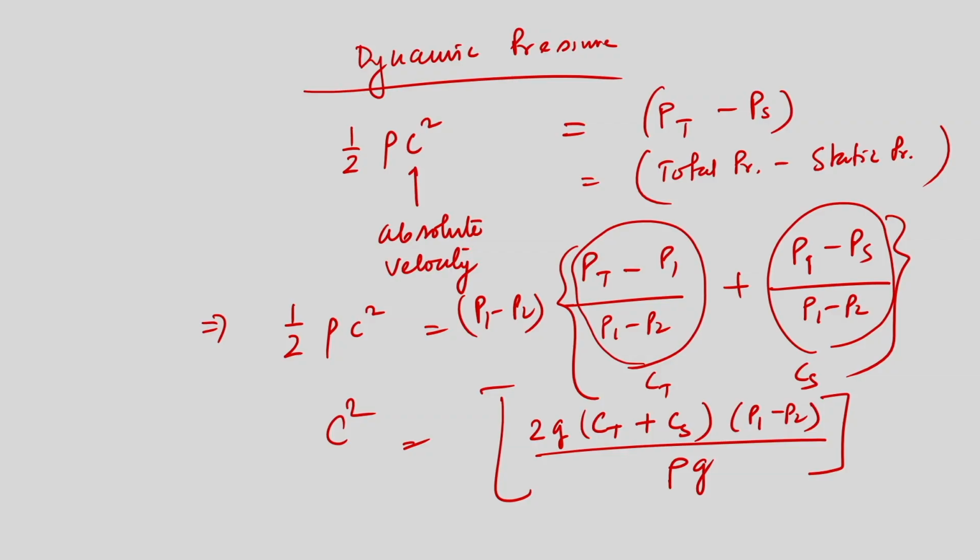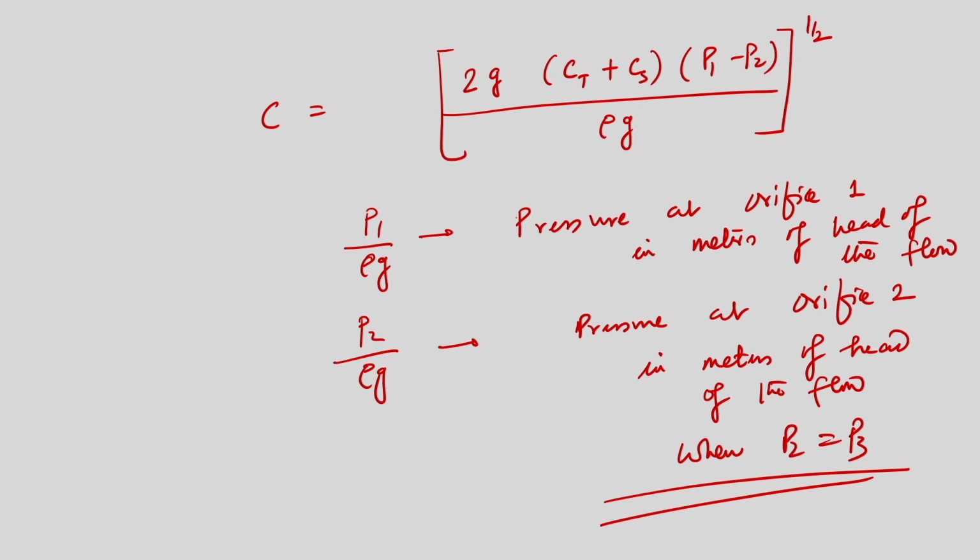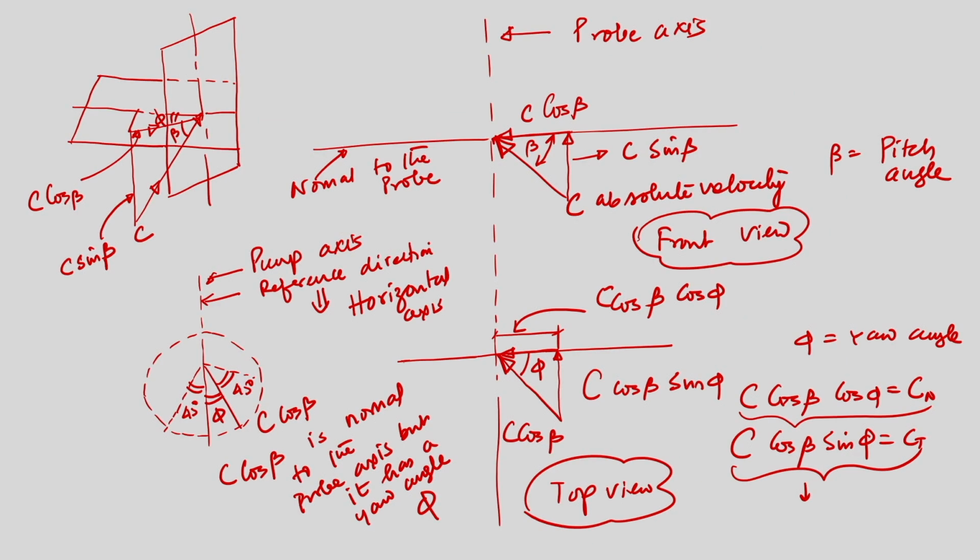Now if the absolute velocity is c, then the dynamic pressure, half rho c square, can be represented as total pressure minus static pressure. Through this mathematical analysis we have seen that the velocity can be represented in this form, where P1 by rho g and P2 by rho g are the pressures at the orifices in meters of head of the flow, and P2 and P3 will be equal. In the front view and top view, we have shown the velocity components.